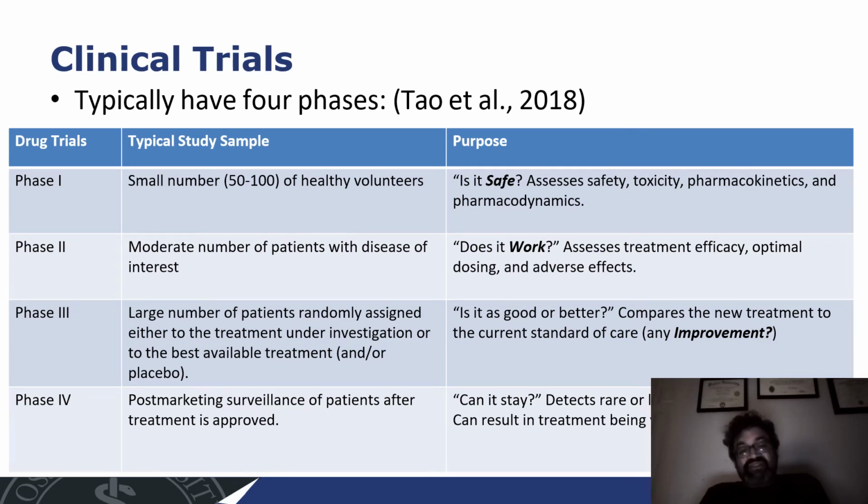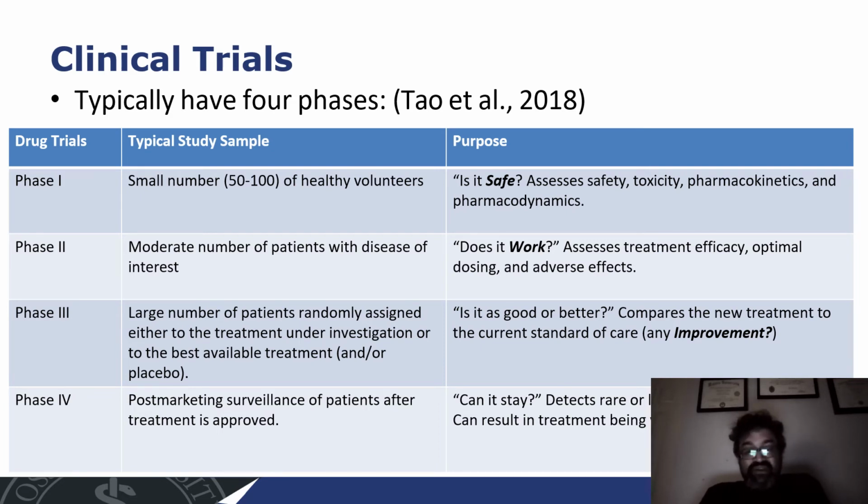And then in phase 3, a large number of patients are randomly assigned either to the treatment under investigation or to the best available treatment and/or placebo. So is it as good or better? It compares the new treatment to the current standard of care. Any improvement? Then there is post-marketing surveillance of patients after treatment is approved.